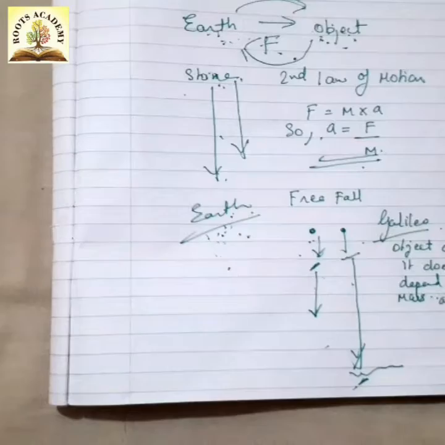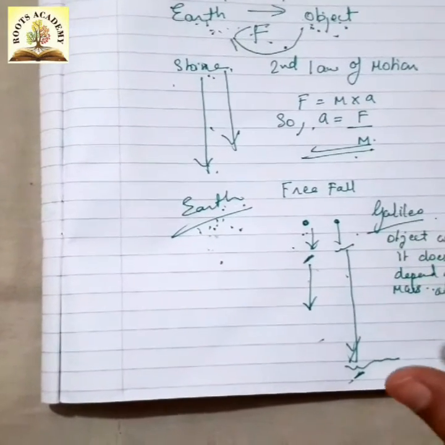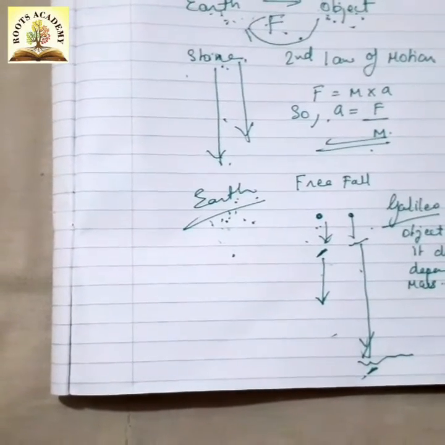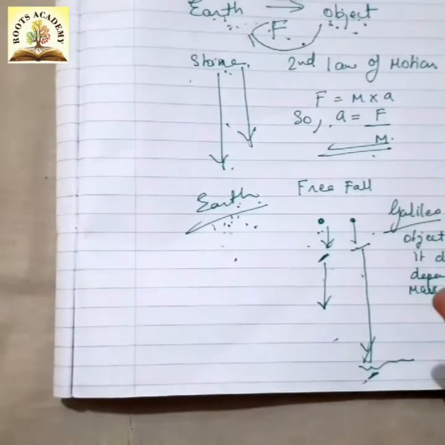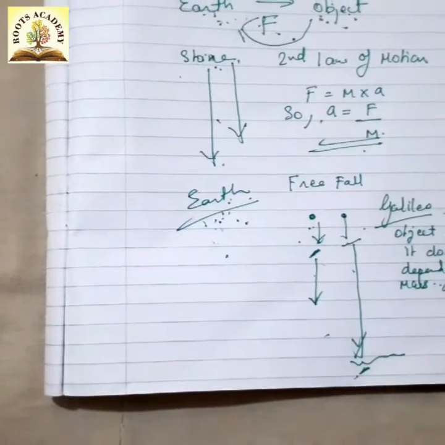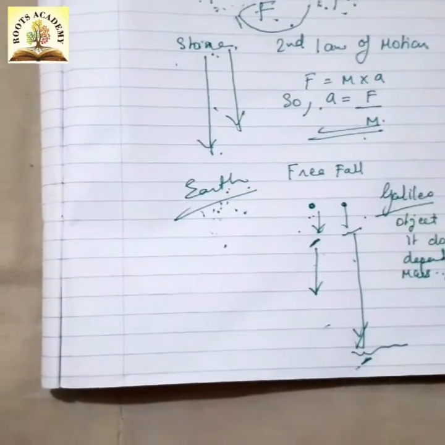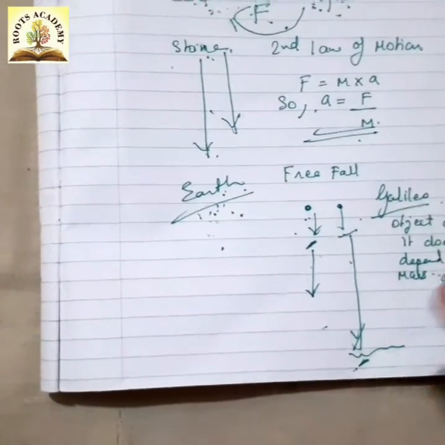So he concluded that the falling of an object does not depend on its mass, and the gravitational force acting on that body is the same.